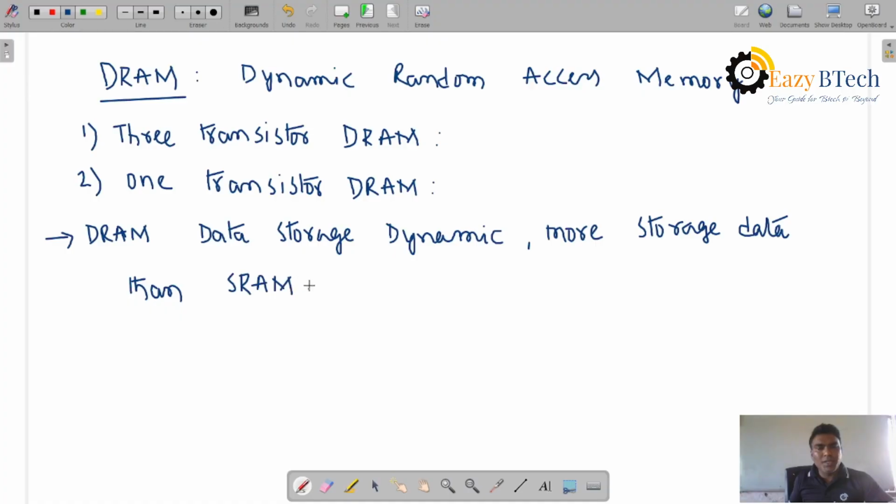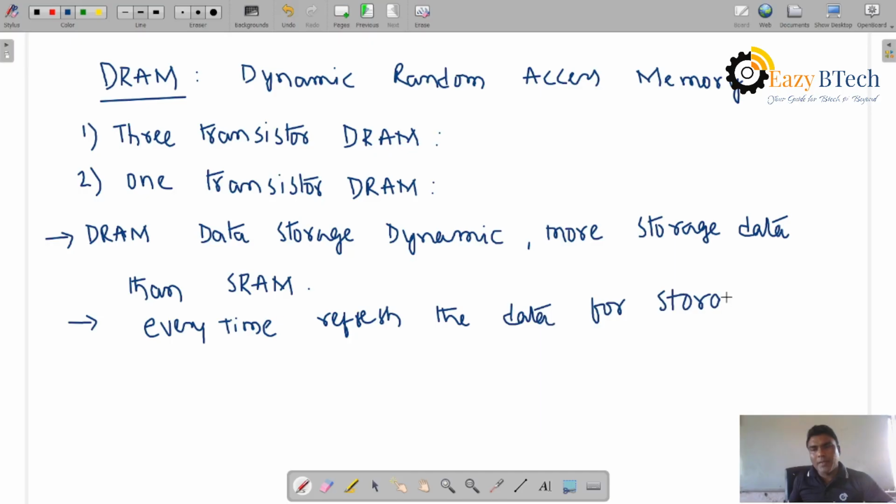It uses a capacitor. So every time we refresh the capacitor, every time refresh the data for storage, right? So it stores more data than SRAM.